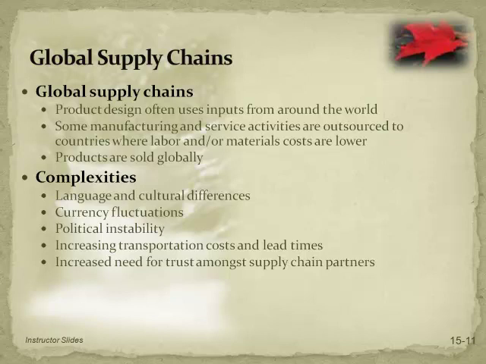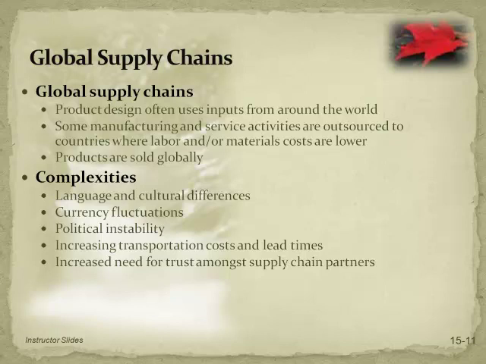Not only do you have time zone differences where you may have to be communicating with someone in China, and when their daylight hours are in the wee hours of the morning where you live, it makes things difficult. But also there are language difficulties that have to be overcome. There are currency difficulties.